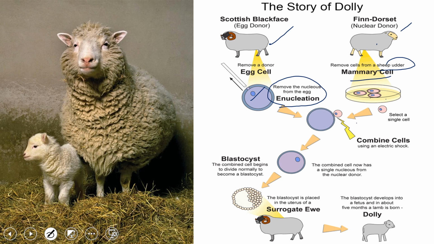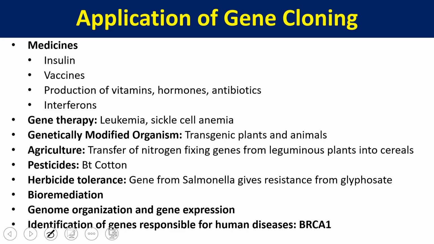From this, the nucleus has been taken. So this is the nucleus from these cells, and the cytoplasm and other components except the nucleus are from this cell. Both are fused with fluid, and then after the fusion it undergoes differentiation and proliferation, and ultimately it is implanted into the surrogate ewe's uterus, and then Dolly came into the picture. Dolly's birth took place. So this was the story of Dolly.